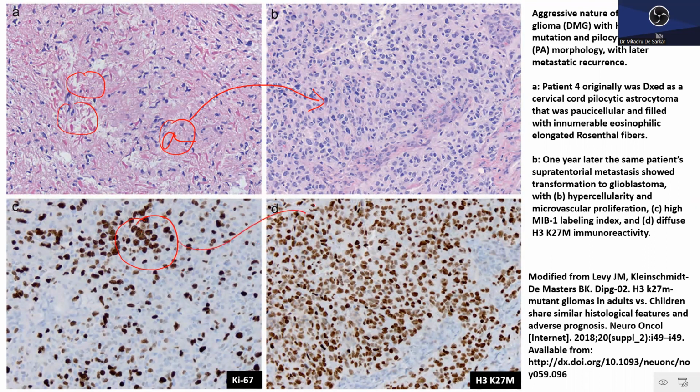And once you did H3K27M IHC, you saw that this mutant protein was expressed in the tumor cell nuclei, and hence your diagnosis has to be revised to a diffuse midline glioma, K27M mutant. So the prior diagnosis was wrong, and this is one of those diffuse midline gliomas which can morphologically mimic even pilocytic astrocytomas.